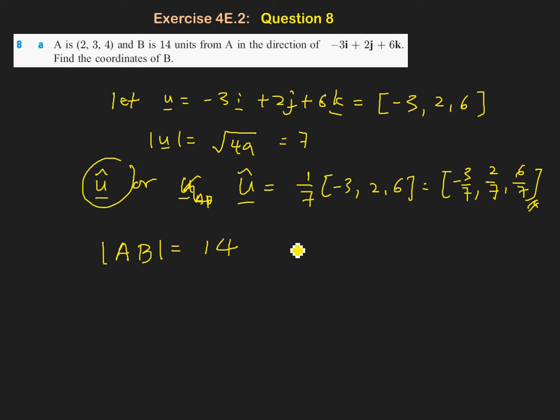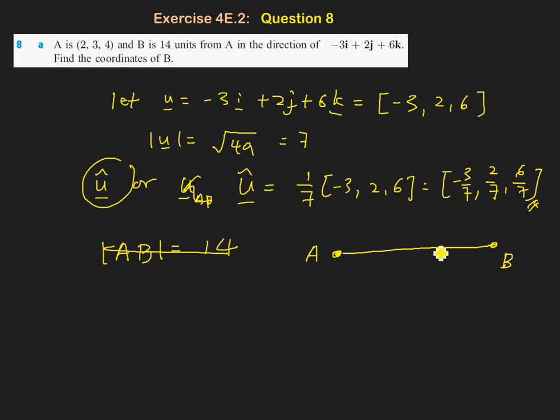So this idea is difficult, so we use another idea. The distance AB is 14.